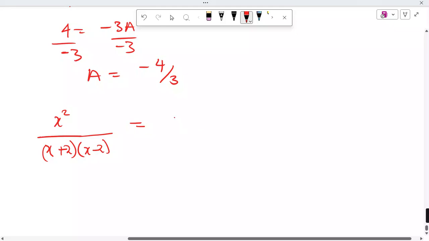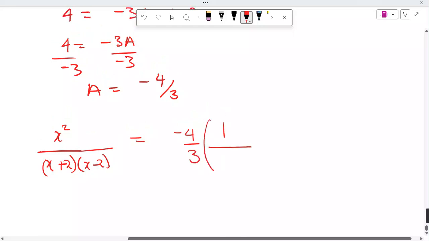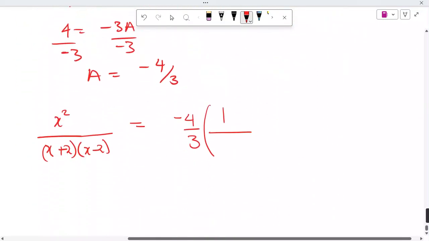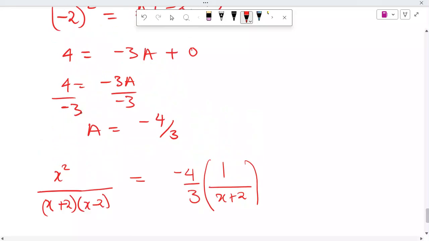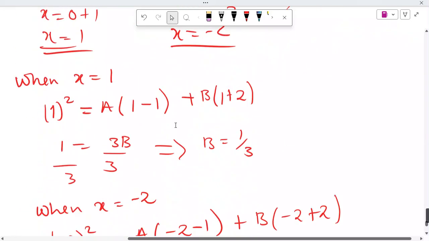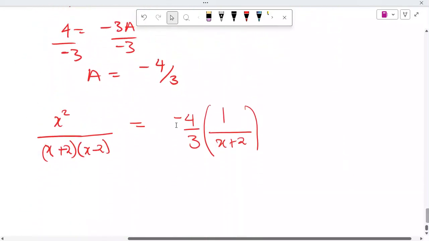So a is negative 4 over 3, then 1 over, what was the value for a? A was at the value x plus 2, so x plus 2. So don't swap them. When you swap them, your answer will be wrong. Okay, so b and 1 over x minus 1.